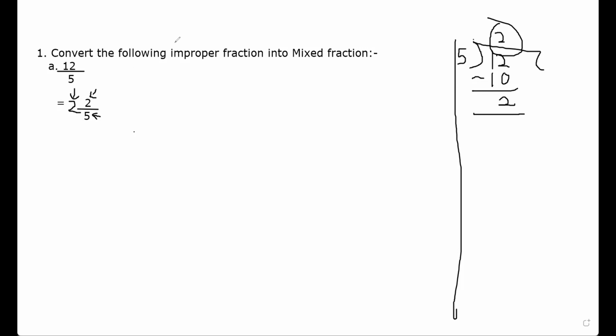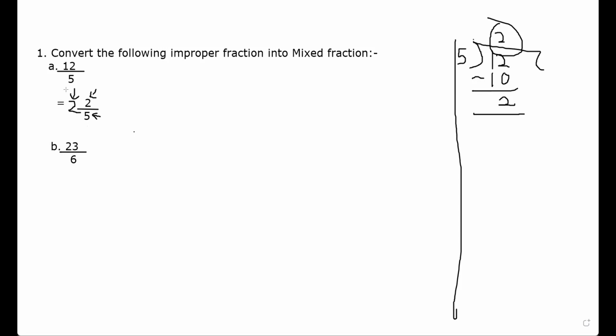Now let's see the question number 2, B part. B part says that you have to convert 23 by 6. So you can see this is an improper fraction. 23 upon 6 is given.